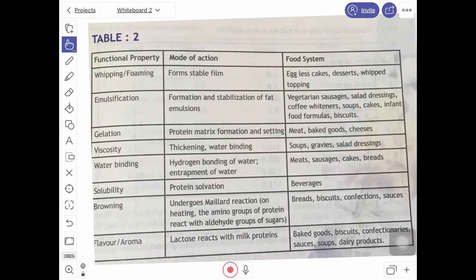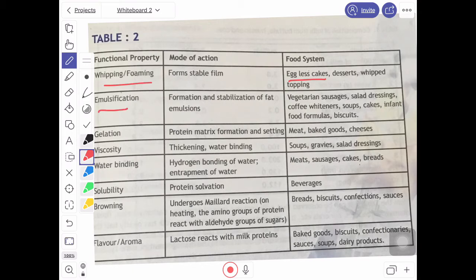A table given in your textbook shows various activities of functional non-catalytic proteins such as whipping, used in eggless cake, emulsification, formation and stabilization of fat emulsion.